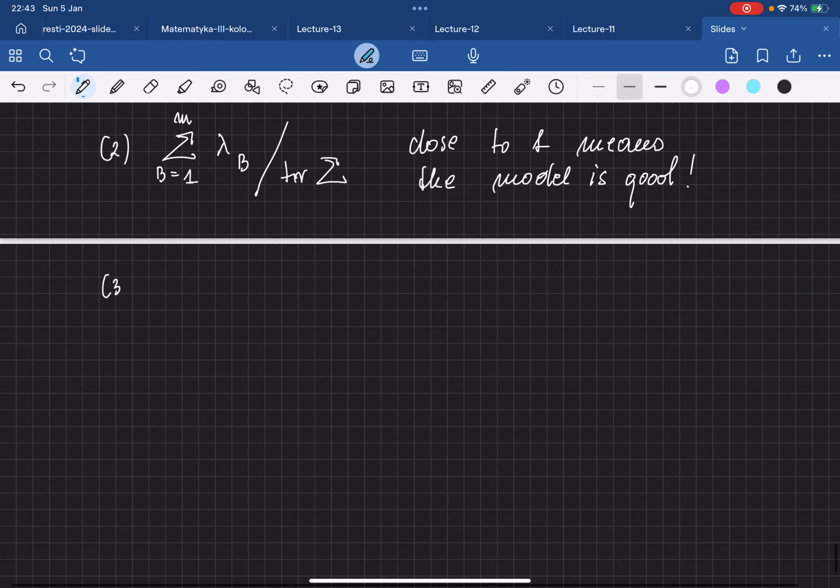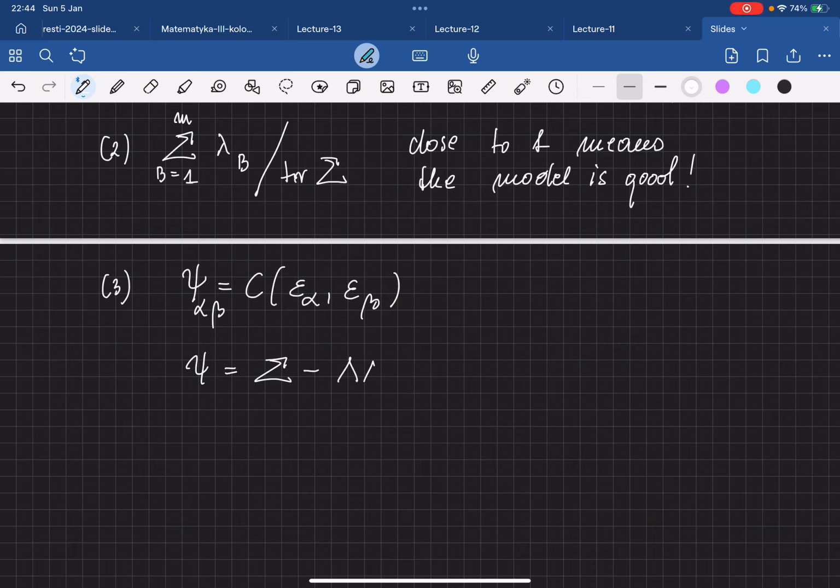And again, the third possibility is to look at the correlation matrix of errors or covariance matrix of errors, Psi alpha beta. This is this psi. And this psi is the covariance matrix minus the matrix of loadings multiplied by its transpose.